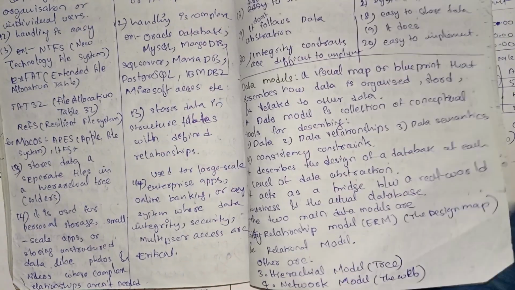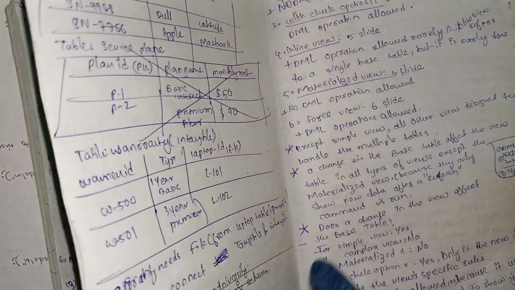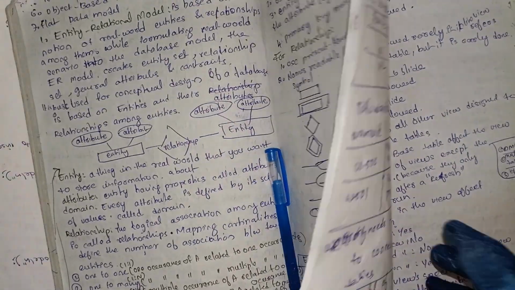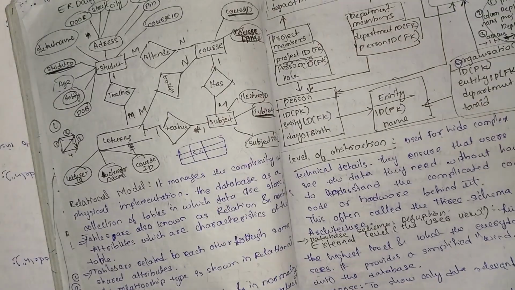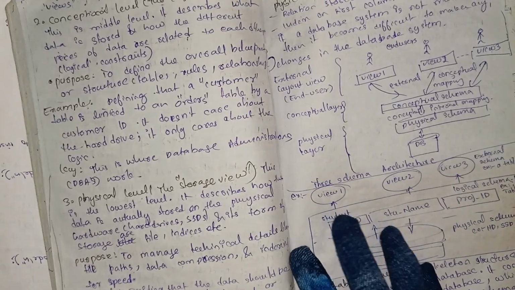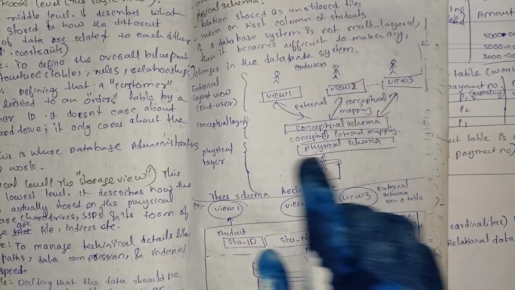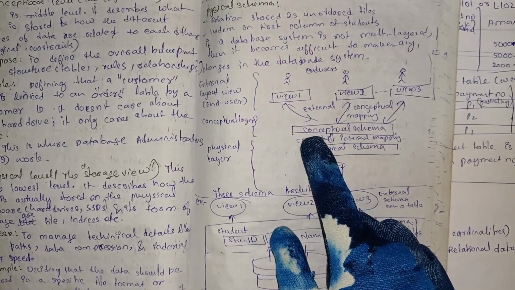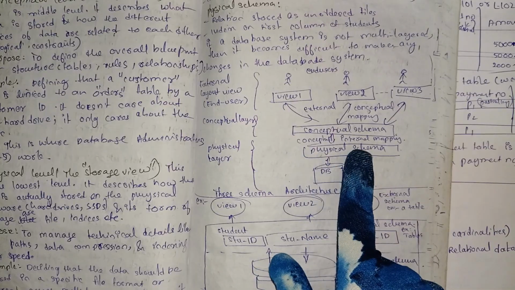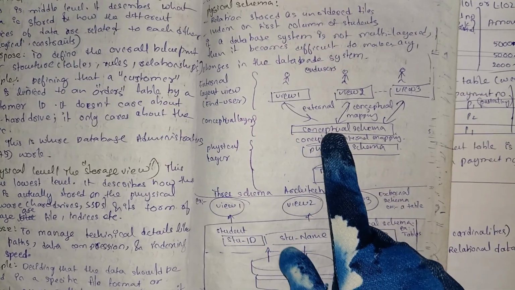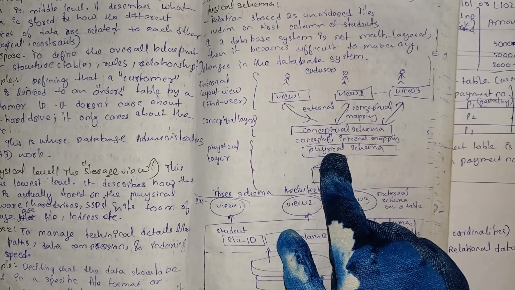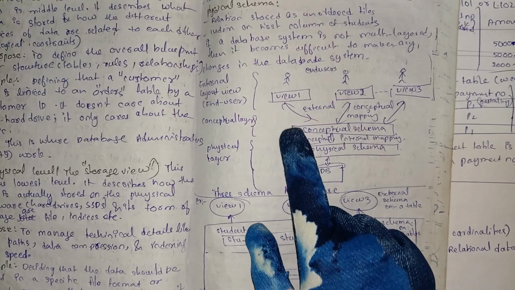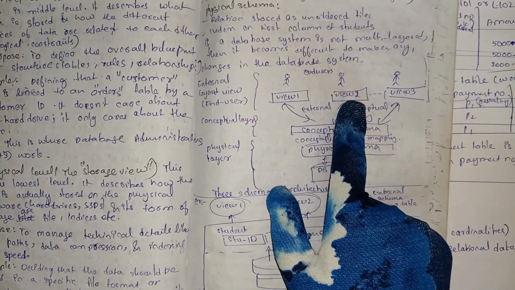We have levels in data abstraction, like the conceptual level, physical level. The conceptual level is also called the logical level, and there is the physical level, and the view level or external level.